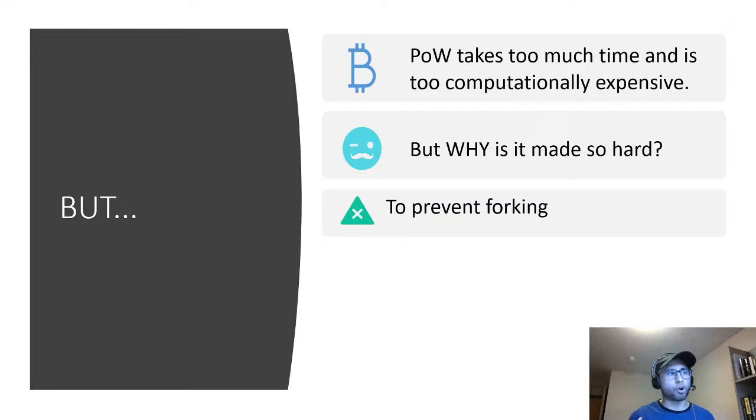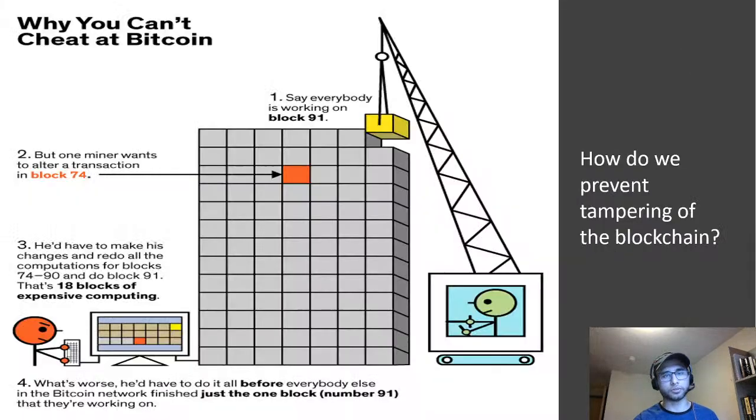Effectively, mining a block is a really hard process, because if it was really easy, anyone could do it. And more importantly, anyone could reverse or alter transactions in previous blocks, right? In this situation, let's say you managed to pull it off. You managed to do 18 blocks of expensive computation before block 91 was ever done.